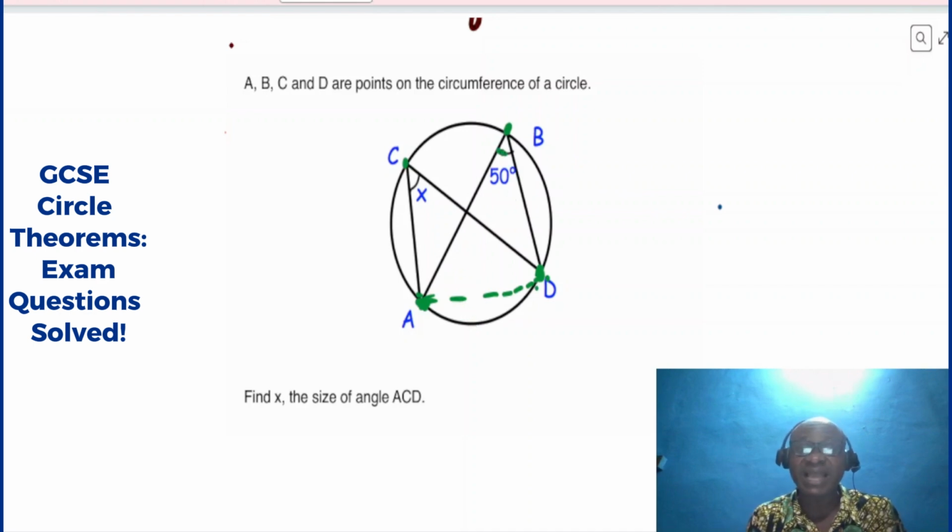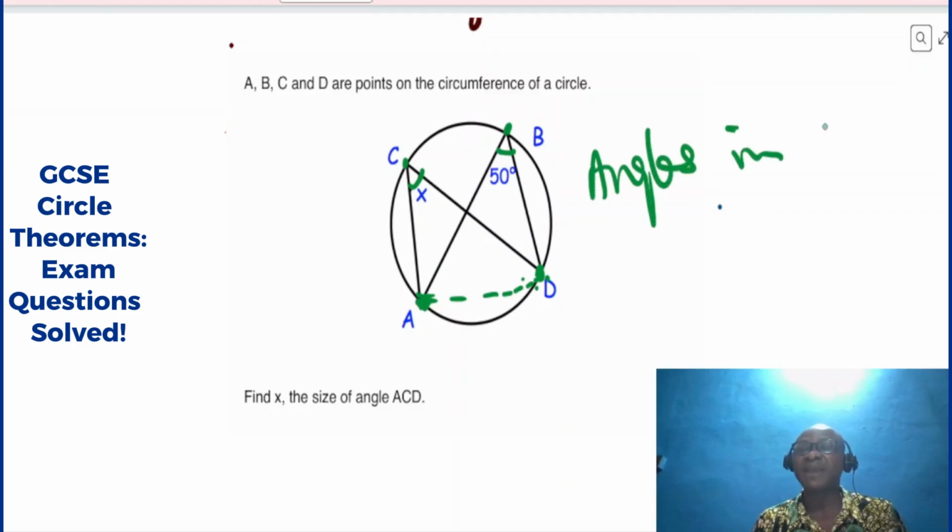Whatever that is in this angle here, that angle B should also be in angle C because the same chord AD was used to form the two angles. We call it angles in the same segment.